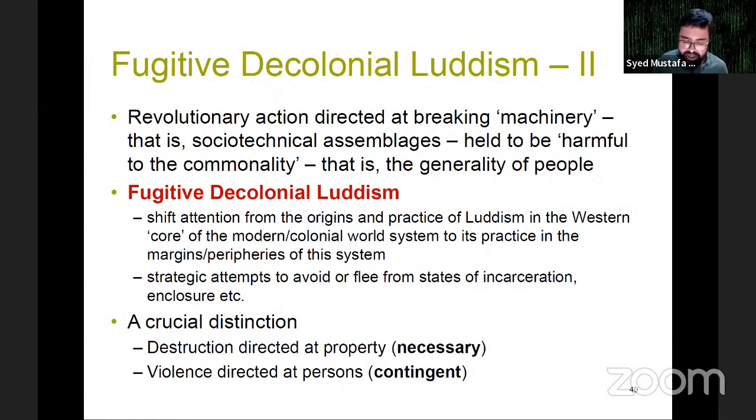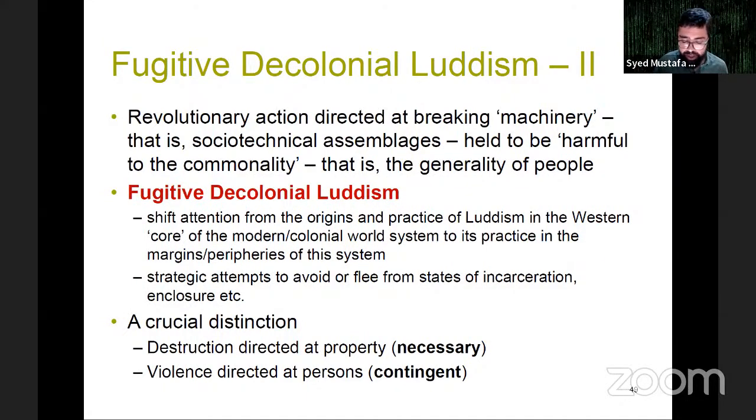That is, a Luddism driven by those located at the periphery of the modern colonial world system and aimed at resisting the rollout of specific technologies unfolding in the present. A fortiori, those that through technological momentum become sedimented as colonizing infrastructure of a nature and at a scale radically distinct from the machinery targeted by historical Luddite actions.